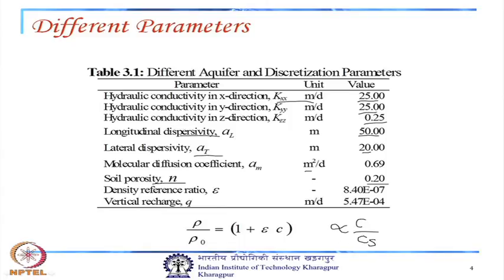Now, this alpha by Cs is basically this particular epsilon. So, this is the density reference ratio, and this is our vertical recharge, although it has that small q notation, it is different from the pumping from extraction barrier wells.